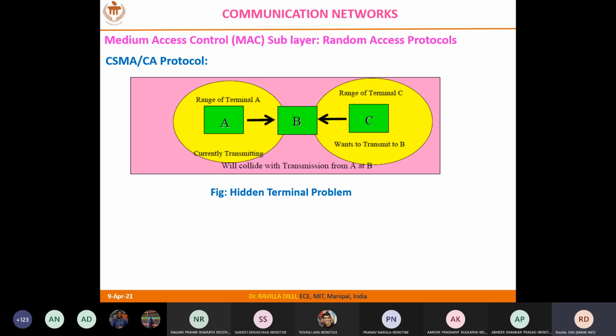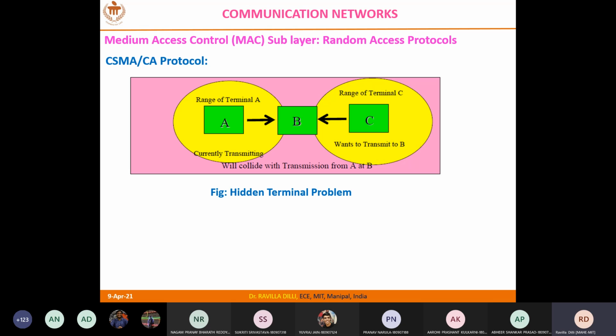And there exists a collision at the common node, which is B. Agree? This is the general scenario. So the hidden terminal problem is that in wireless communication, when two nodes want to communicate to a common node, there exist collisions.